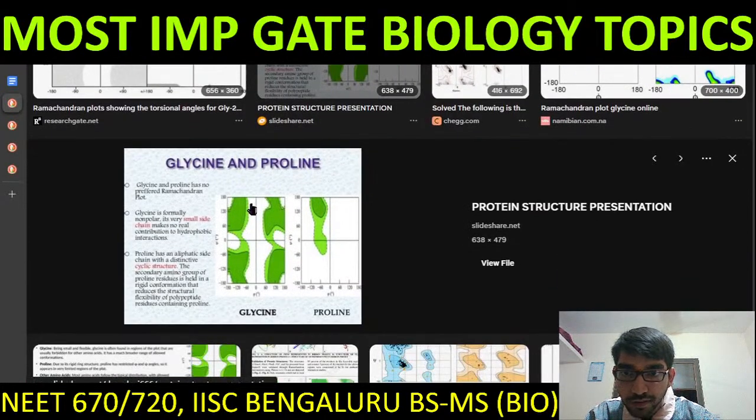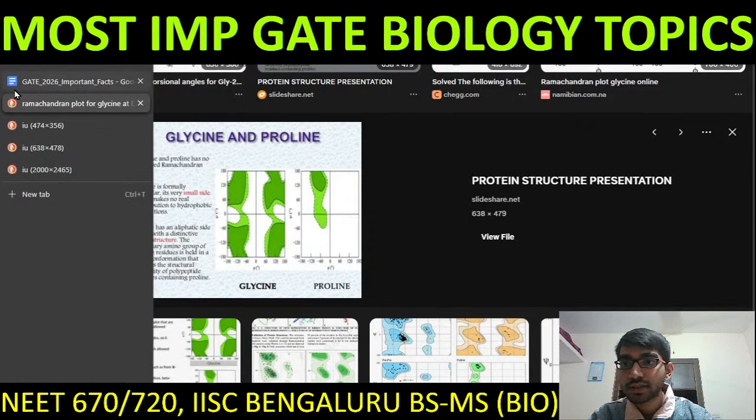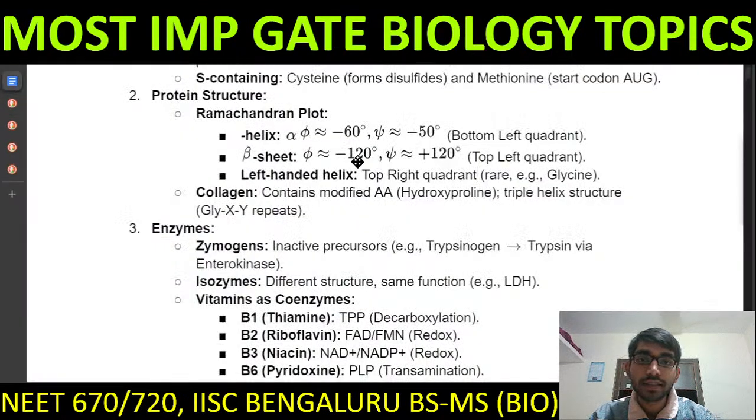Yeah, so this is for glycine and this is for proline. So proline has a very restricted region as compared to other amino acids, whereas glycine has a much more flexible region, so much more allowed region as compared to the standard amino acids. Although glycine is itself a standard amino acid.